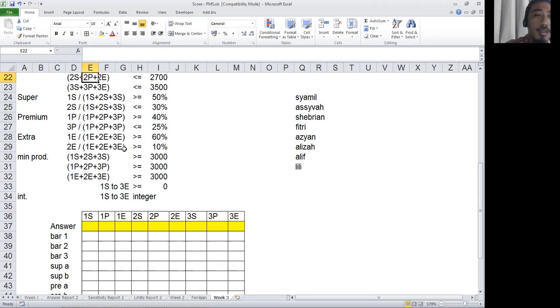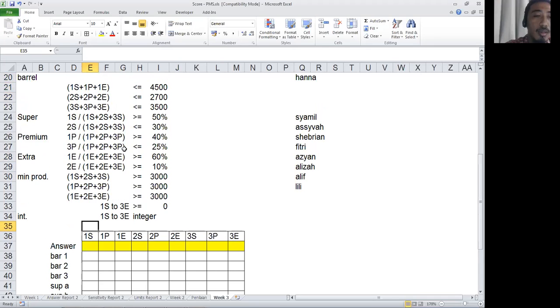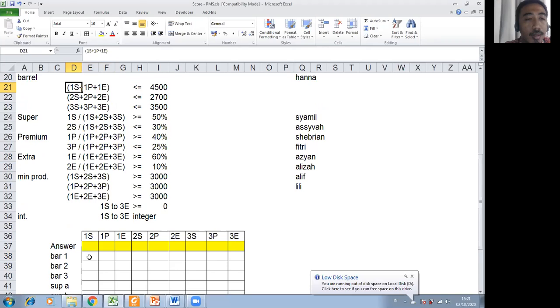Then the constraint. So which one we put the number here? 1s plus 1p plus 1e. The total should be less than or equal to 4,500. So actually the variable here is what? The variable is 1.